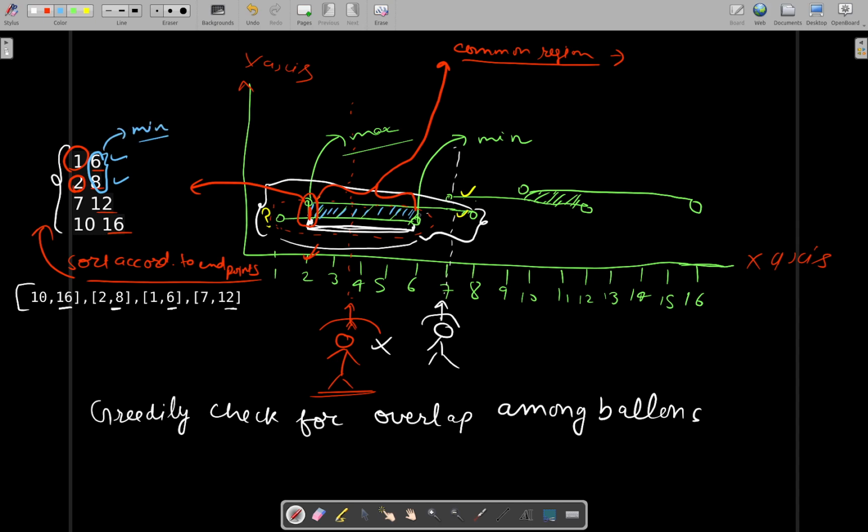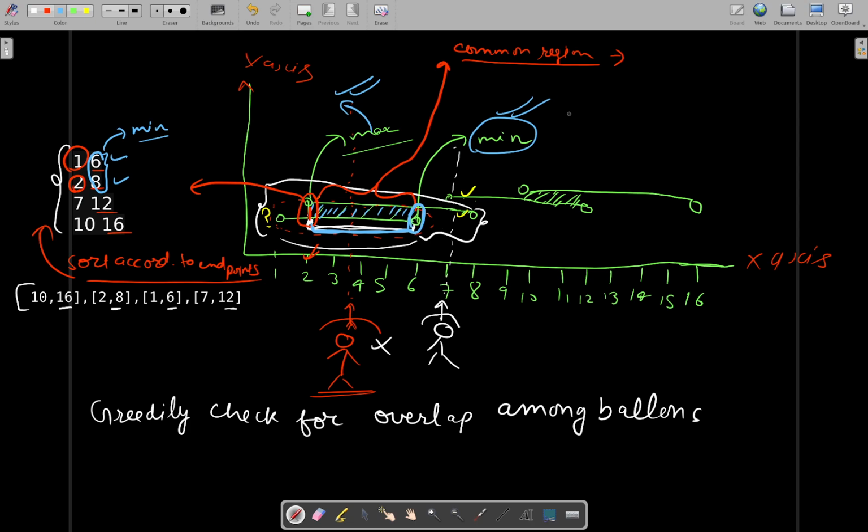Why are we taking the minimum value? Because we are interested in finding only the common region, and this is the only way with which we will be able to find the common region. So we will be taking the minimum, and it will give us this common region, okay, this region. So for the left coordinates, we will be taking the maximum of those two, and for the right coordinates we will be taking the minimum, and that's how we will find the common region.